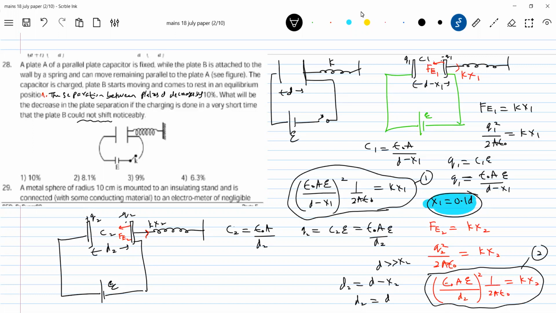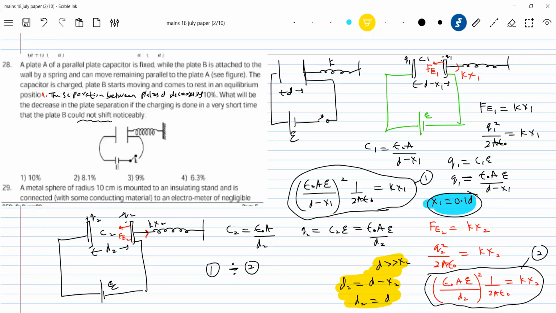Dividing 1 and 2, we will get one equation. This condition is very important, what he has given. Applying this, we'll get the x2, then we can compare it. Check whether the answer is coming or not.